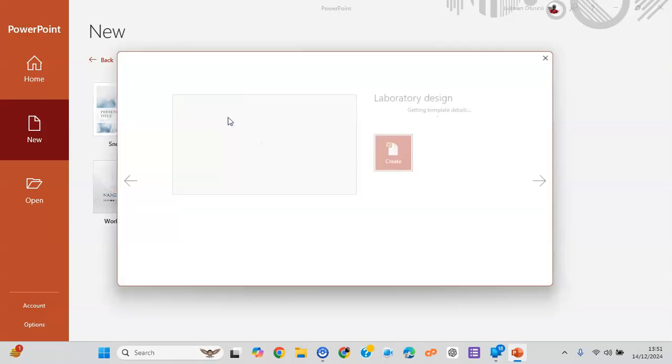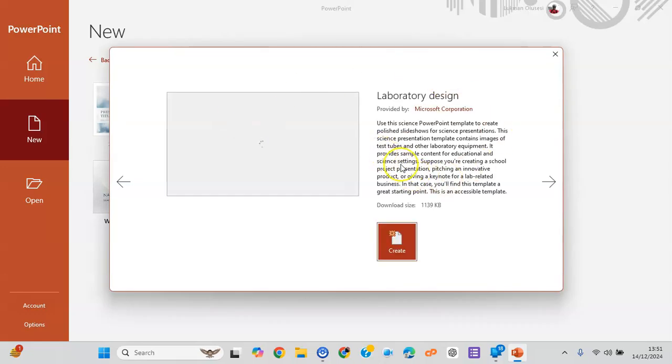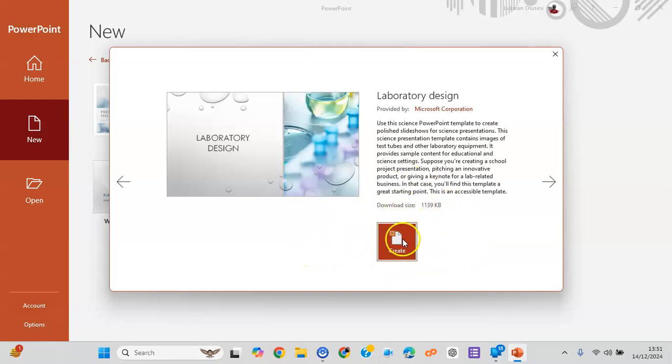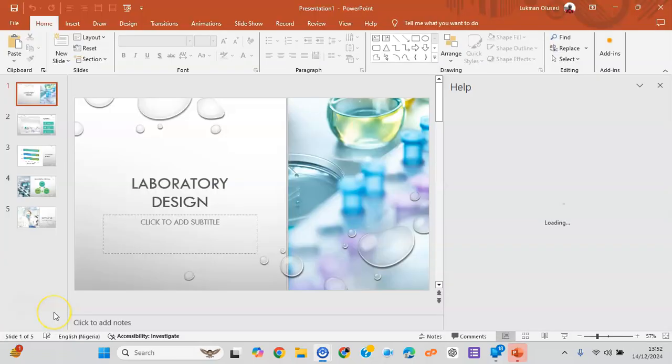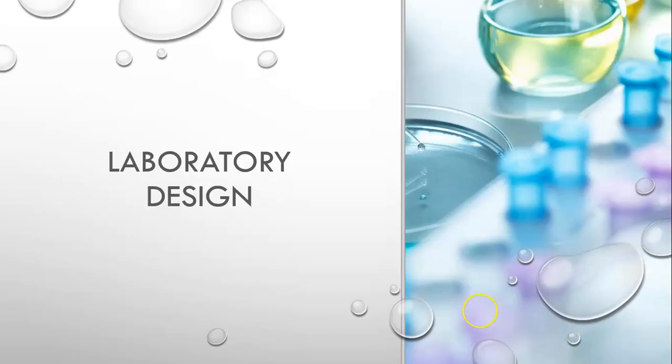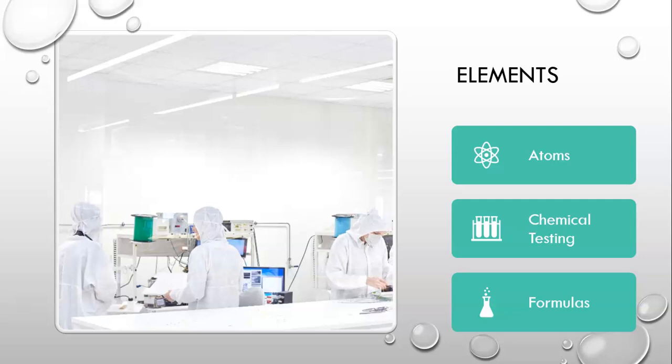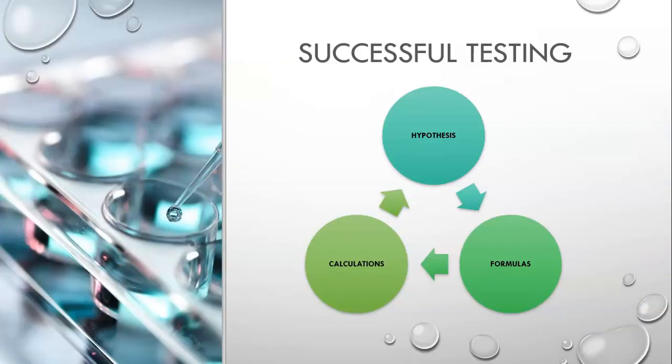So if you click on one, it will also load up like this. And then when you click on create, let me click on create and let's see what it comes up with. It is loading, and then here you are. So if we use the slideshow functionality, you see this beautiful design. Without even having to do it ourselves, it has given you a template that you can work with. But that is not the reason why we are here.